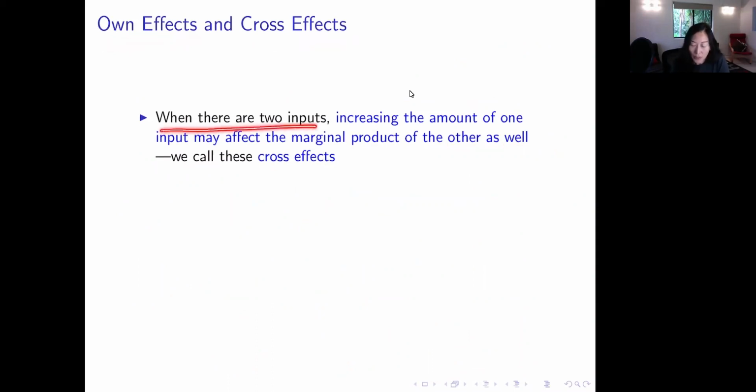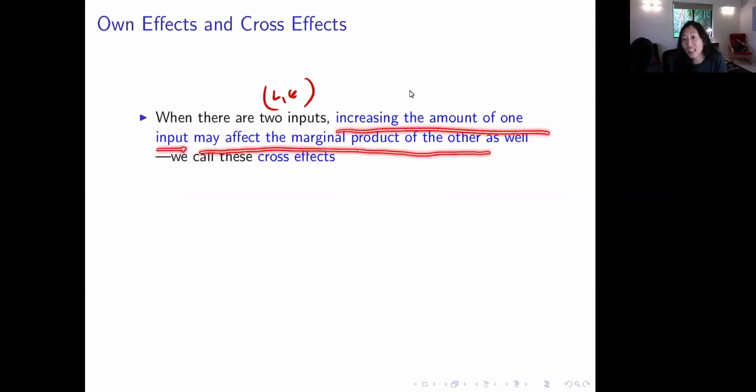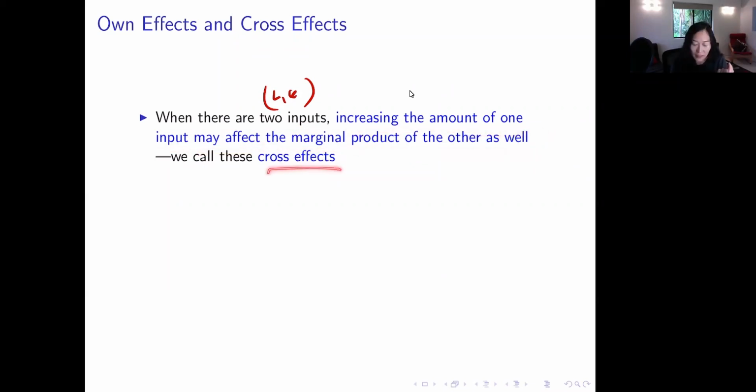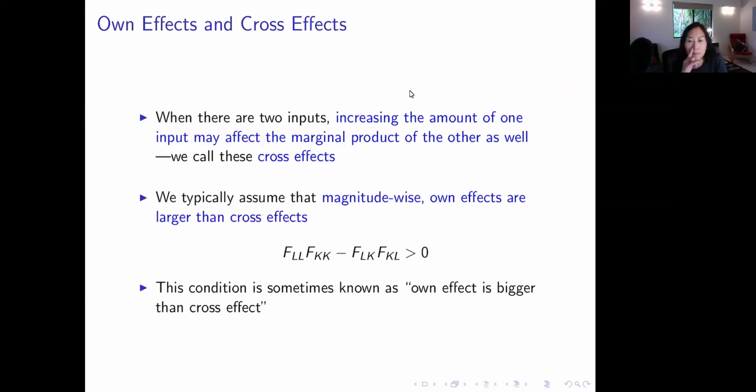When there are two inputs, L and K, in this particular scenario, increasing the amount of one input may affect the marginal product of the other as well. This is the cross effect, FLK and FKL. We typically assume that, magnitude-wise, the own effects are larger than the cross effects.